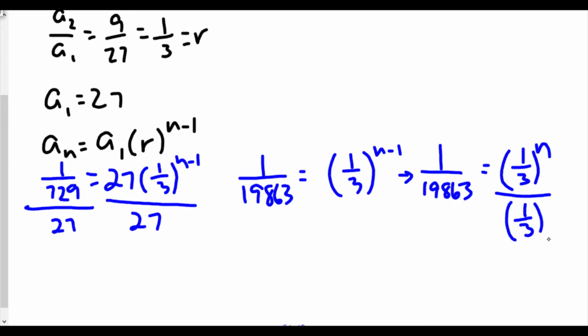So now what I want to do is get rid of this denominator here, and in this case we're going to multiply both sides by 1/3, to get rid of our denominator of 1/3 on the right side.